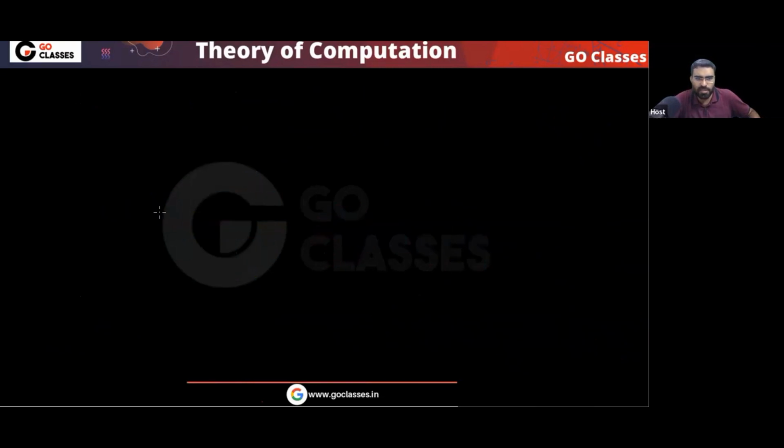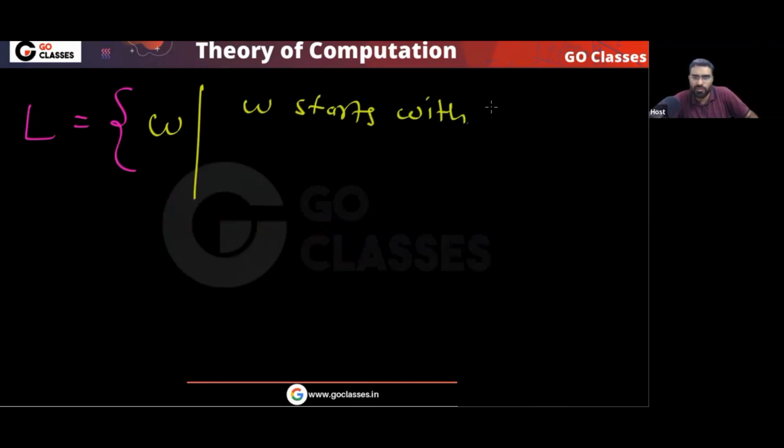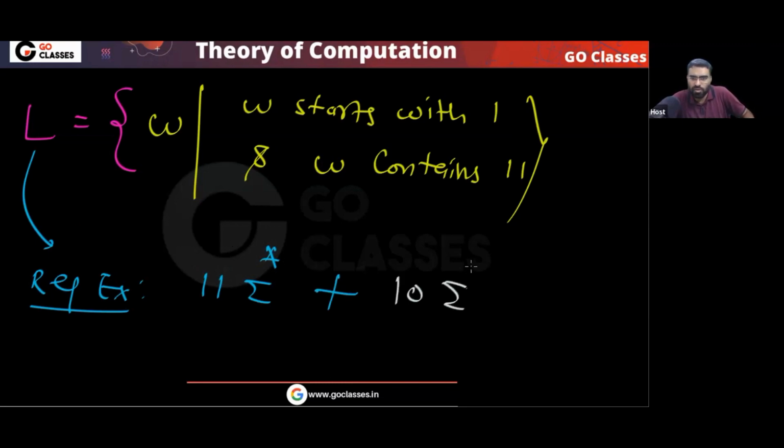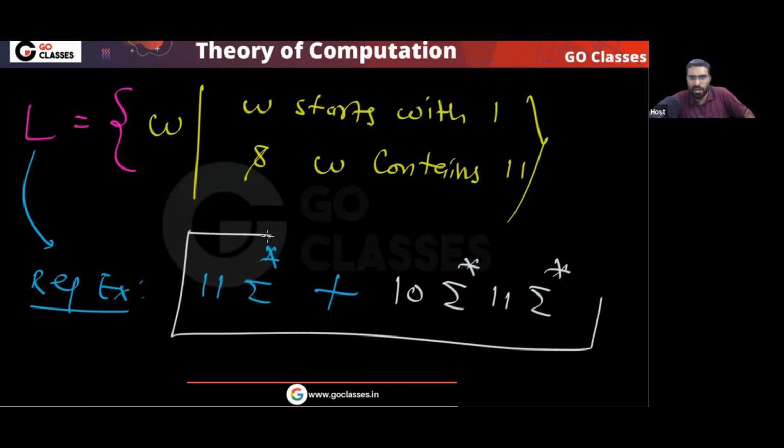Your language is those strings where W starts with 1, and W contains 1 1. For this language, the regular expression you can write will be 1 1 sigma star or 1 0 sigma star 1 1 sigma star. This will be your final answer.